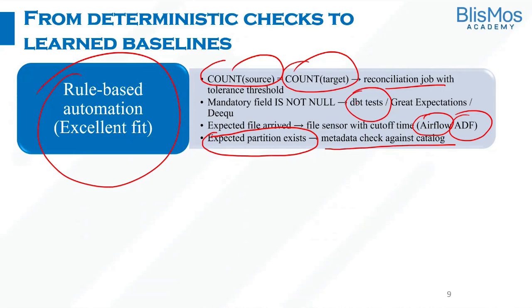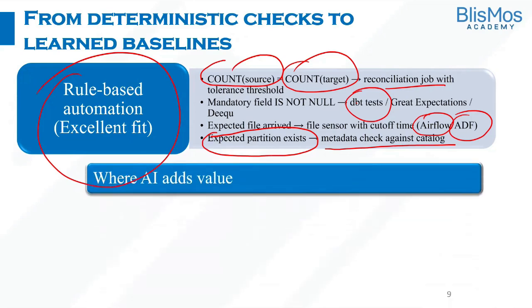Then the question is, do we really need to neglect AI? I mean, is AI not making any sense in the completeness check? We think AI becomes useful on top of this rule-based automation.